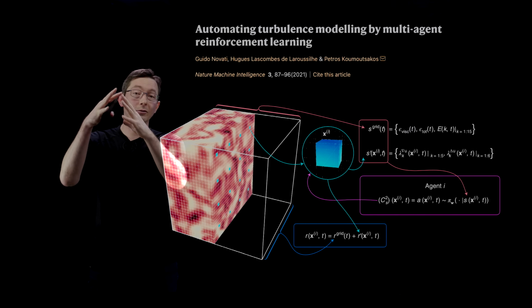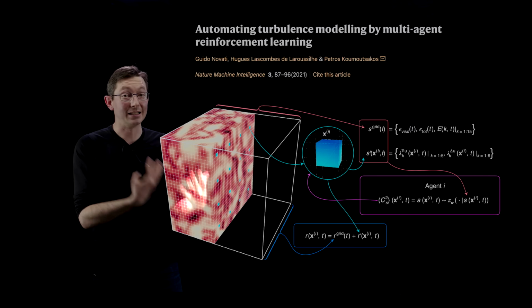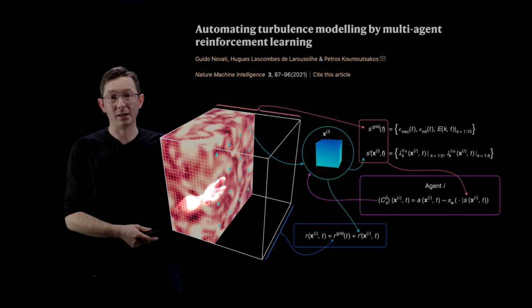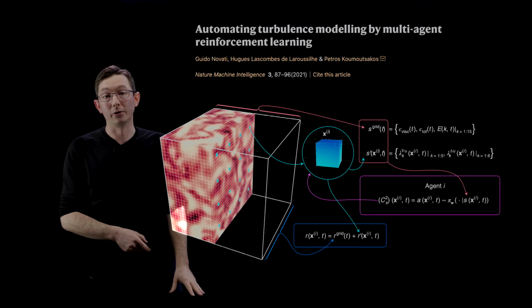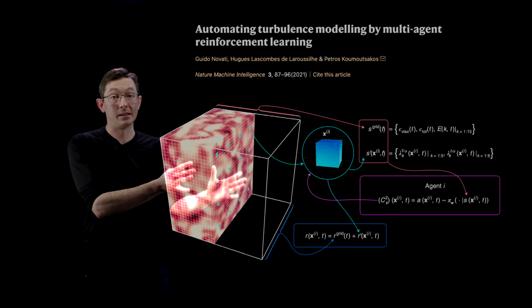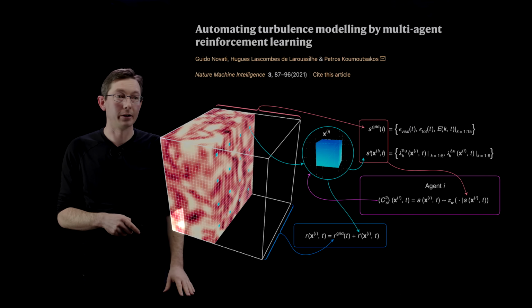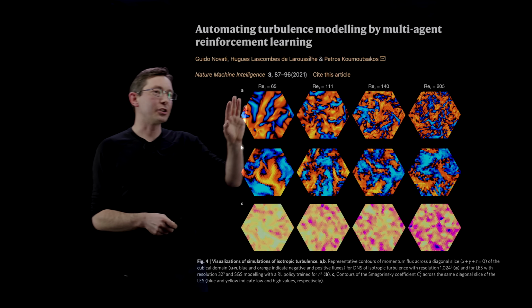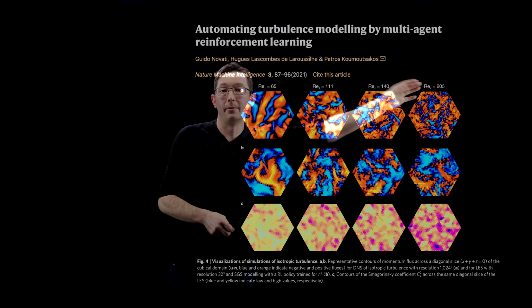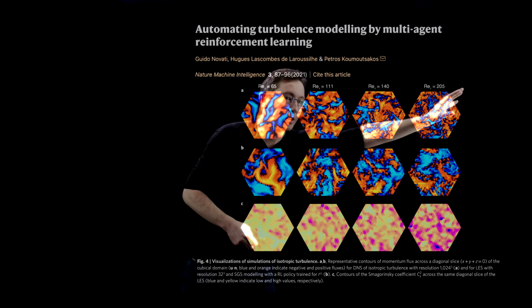Very cool idea. This just came out in Nature Machine Intelligence, and I'm showing you a couple of pictures here. They have really nice plots showing the convergence of statistics of these simulations using this learning approach. So really interesting, accurate and generalizable approach to LES with, again, deep reinforcement learning. These are some of the pictures from their paper that I really liked, where they show flow field structures.